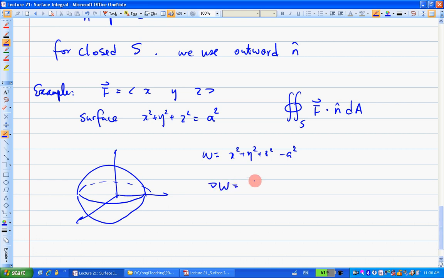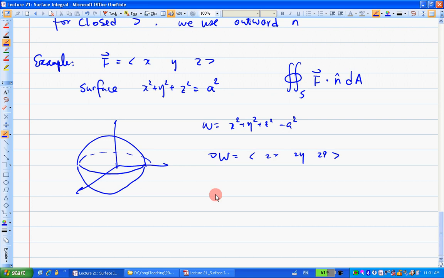Del W is 2x, 2y, 2z. Then the unit normal vector n hat is del W over its magnitude, which is the square root of 4x squared plus 4y squared plus 4z squared.